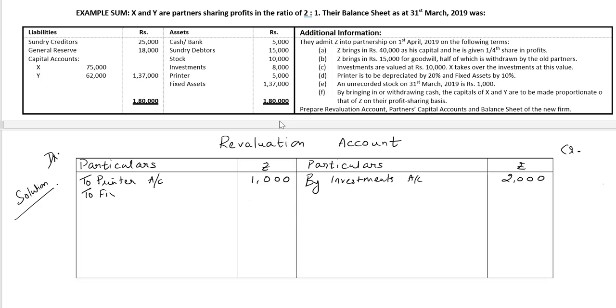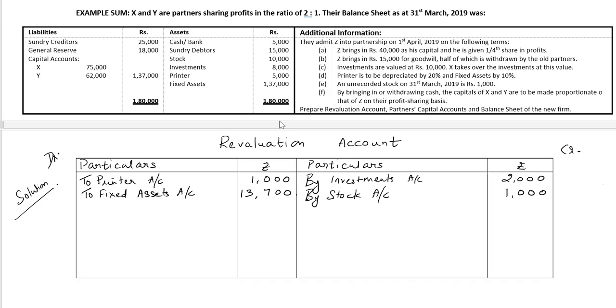So to fixed assets account, 10% of 1,37,000, 13,700 rupees. Point E, an unrecorded stock on 31st March 2019 is rupees 1,000. So by stock account, 1,000 rupees.